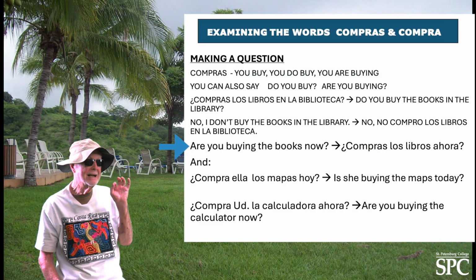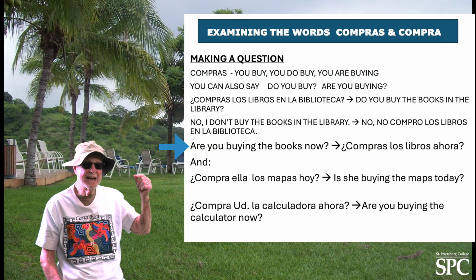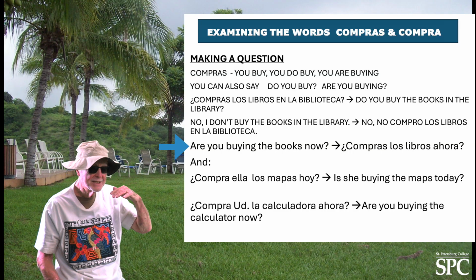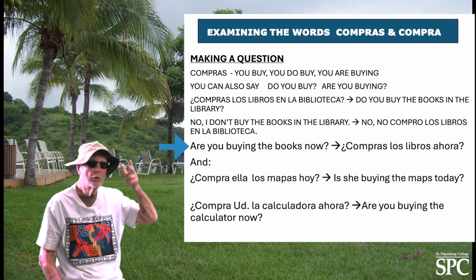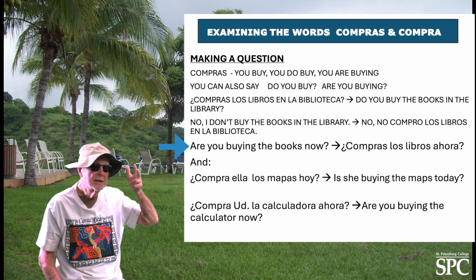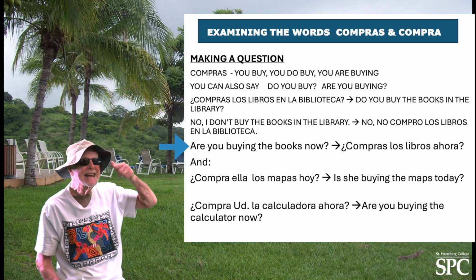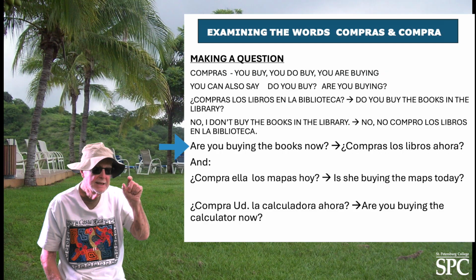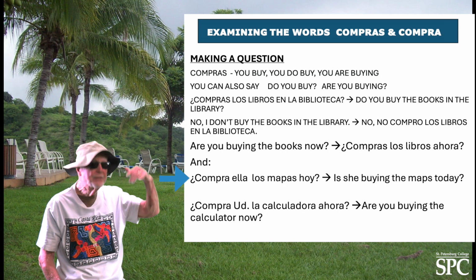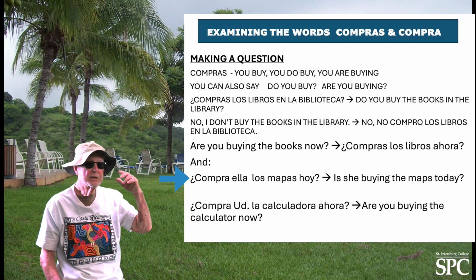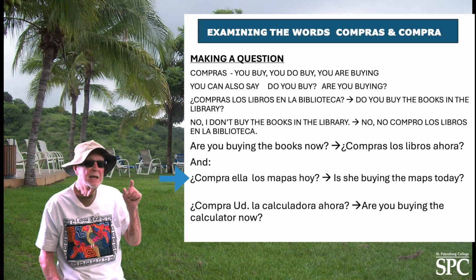Looking at compra. Now, compra, as we identified, has nine different translations because compra can be él, ella, or usted. So, ¿compra ella? I've put ella with it. And in a question, we usually put the subject of the question after the verb. So, ¿compra ella los mapas hoy? Is she buying the maps today?